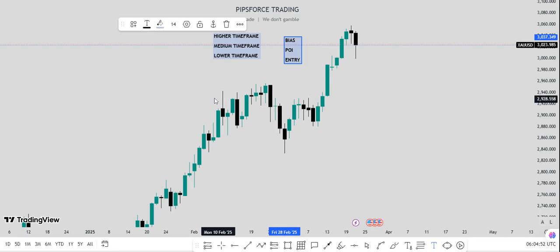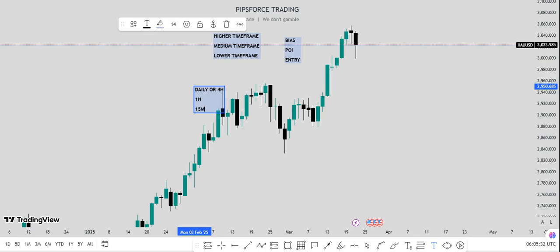Some traders can use the daily as the high time frame, or the 4H as their high time frame, and use the 1H as the mid time frame, and the 15 minute as the lower time frame.